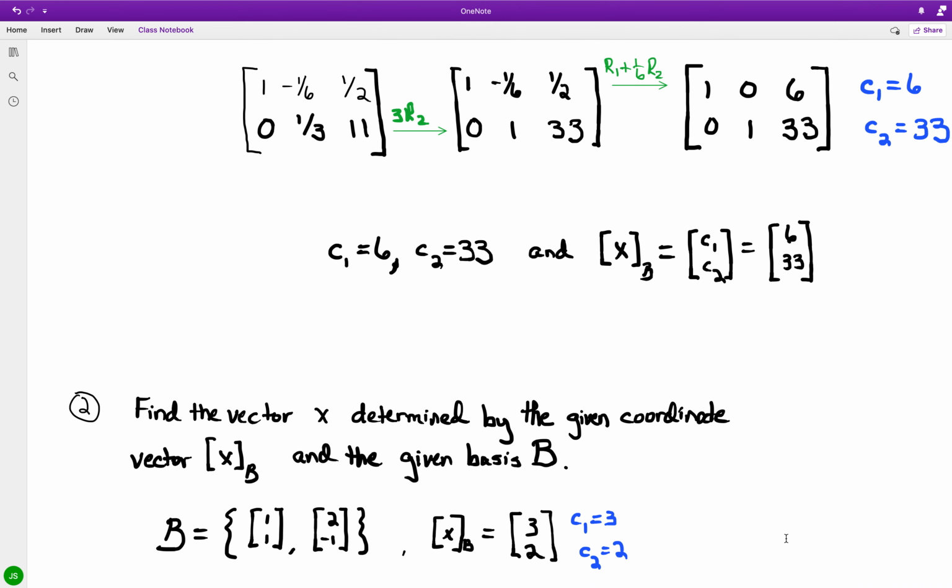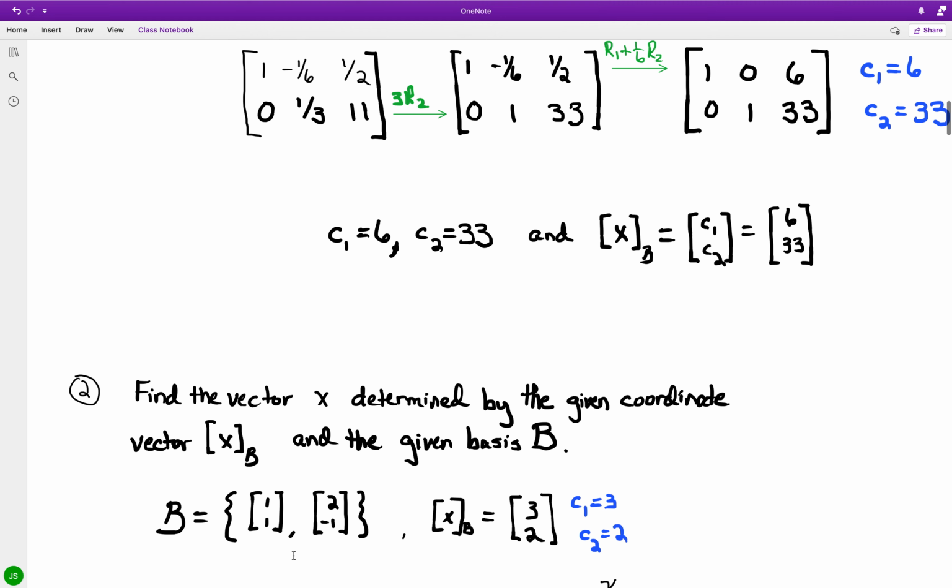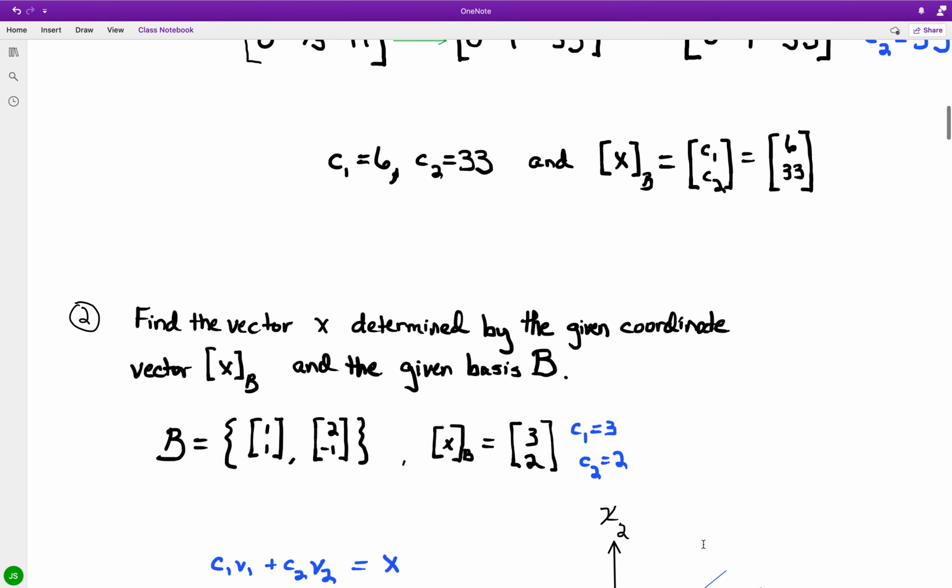For our given basis, our first vector is 1 1, the second vector is 2 negative 1, and the coordinate vector of x relative to B is 3, 2. So C of 1 is 3, C of 2 is equal to 2.